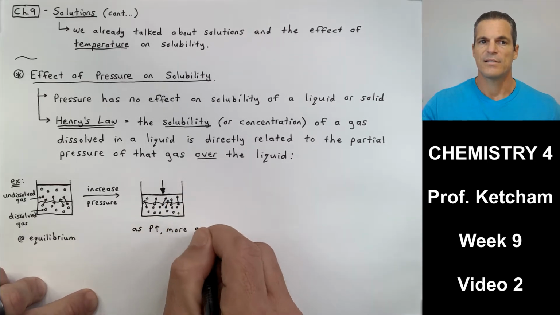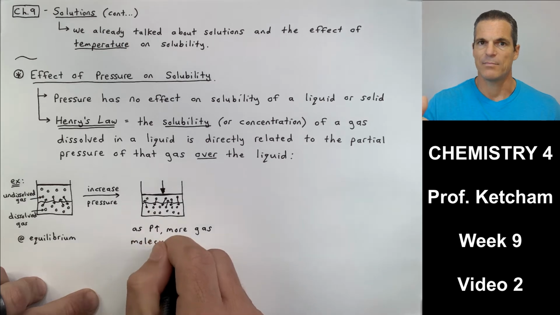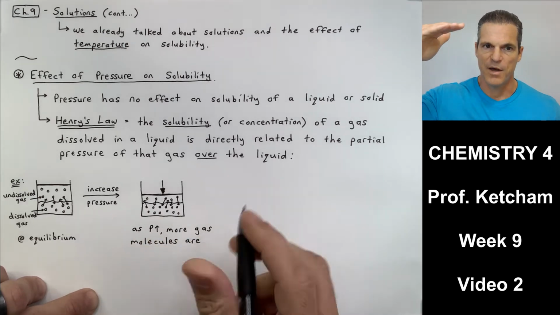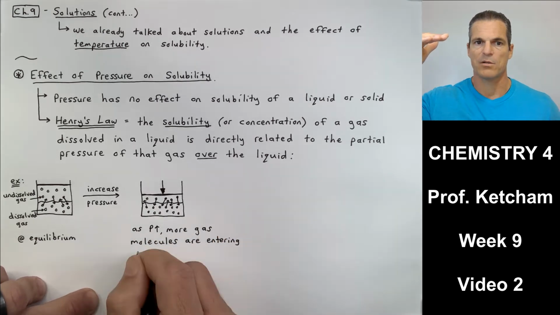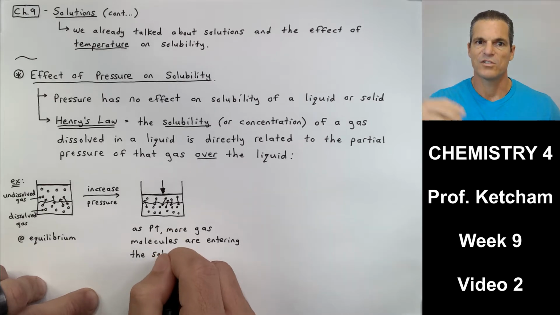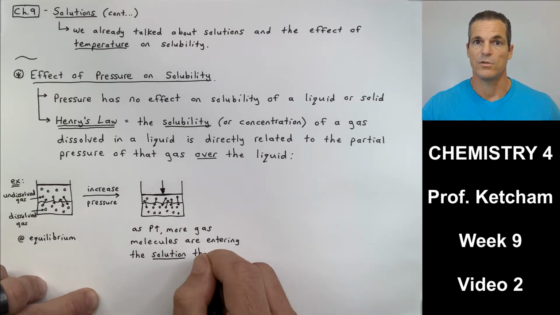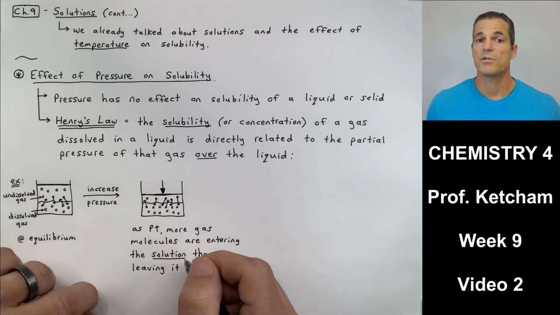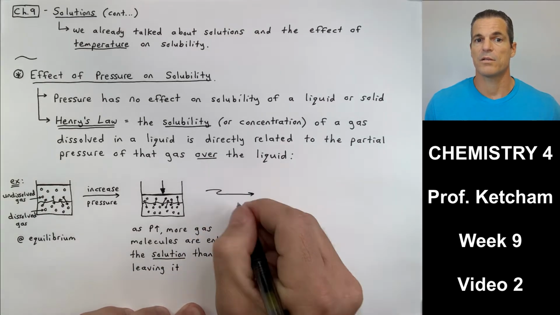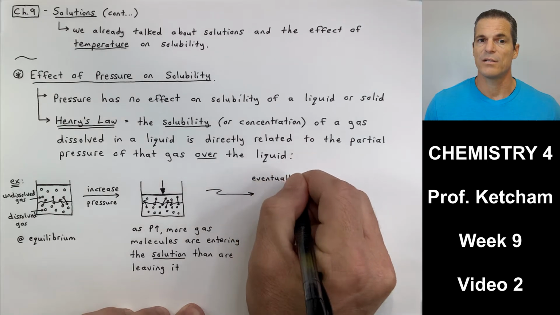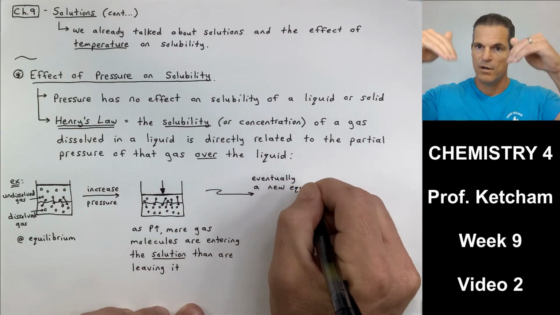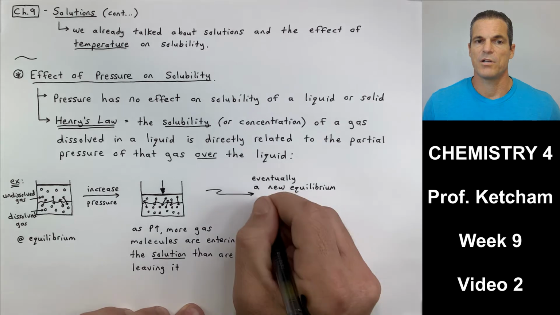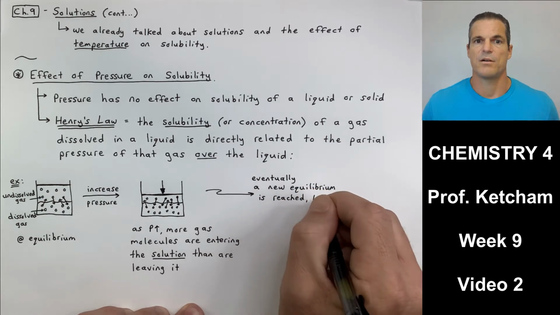Yes, I'm referring to them as gas in both situations, but above the surface they're actually gas particles. Below the surface it's dissolved gas, kind of like CO2 in a can of Coke, carbon dioxide, the fizz. So as my pressure goes up, more gas molecules are entering the solution than are leaving it. I've got more down arrows in picture number 2 than I do evaporation arrows.